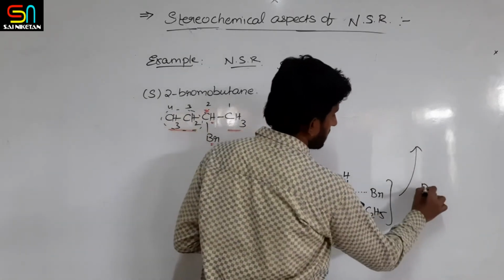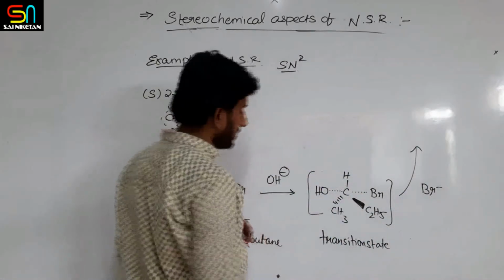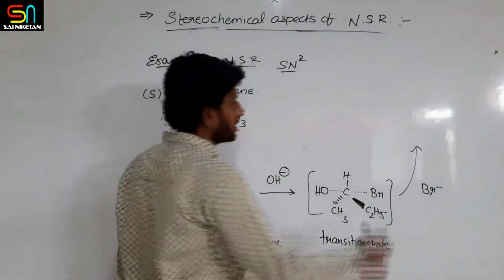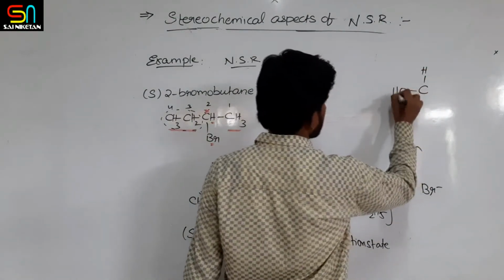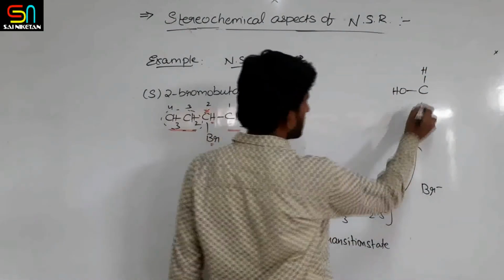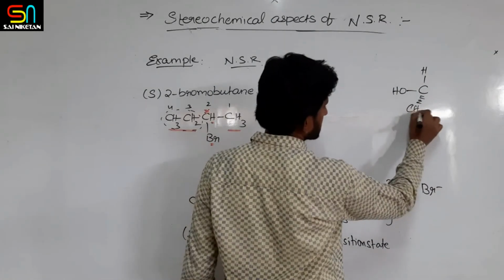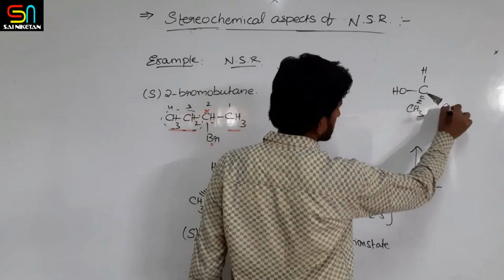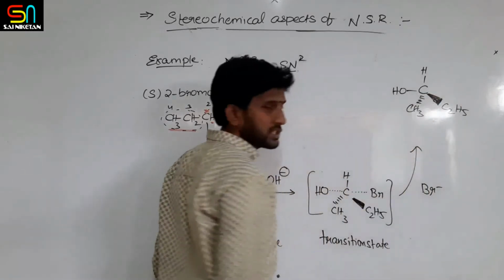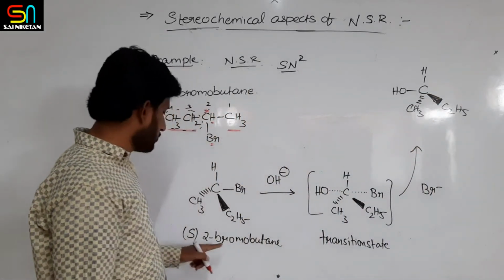Now what happens after this? Bromine gets eliminated, Br minus is eliminated, and this bond gets stronger. So now where is the alcohol group? Towards the left side. The remaining groups as they are I am writing here, CH3 and C2H5. Now that means the configuration is changed. Here it is S-2-bromobutane.